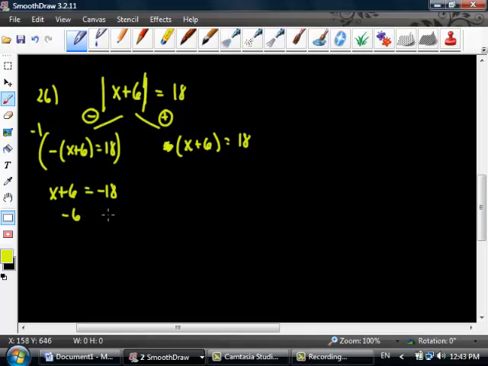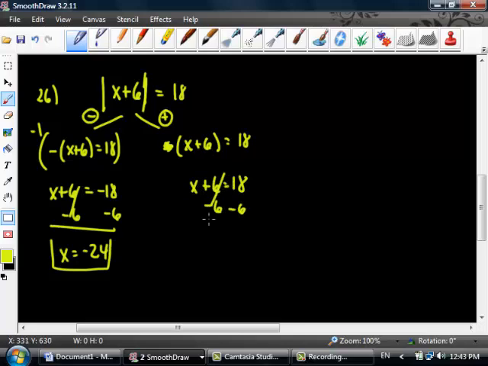So, subtracting 6 from both sides, x equals negative 24, and that is one of our answers. The other one is x plus 6 equals 18, so I'm going to subtract 6 from both sides. X equals 18 minus 6 is 12. So your two answers are negative 24 and 12.